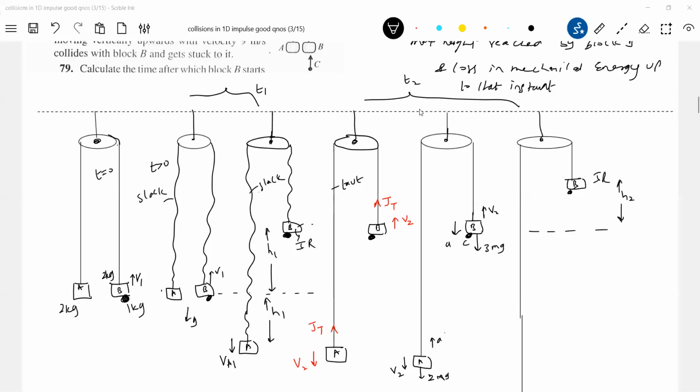When impulse is set up, the tension will suddenly increase, becomes maximum, then decreases. J T will not act for a large duration of time. For a fraction of time, J T will act. That's why we can write J T equal to (2m plus m) into V2. Okay, this is the background that I have given.